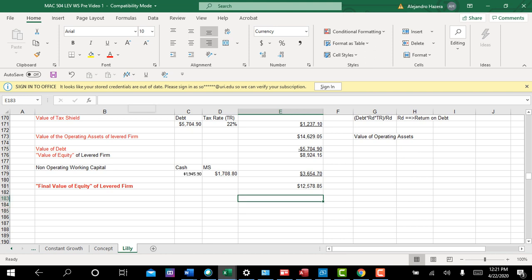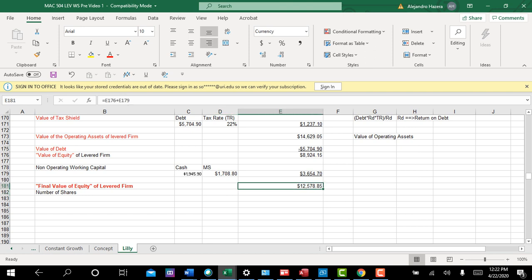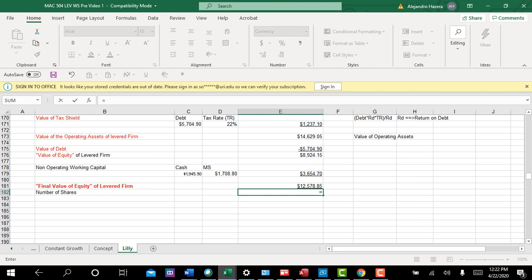And then what I'm going to do here is take the number of shares in this firm. You can just assume this. You can go over and verify this on the income statement too, but I'm just going to put a number. I remember that the number of shares was about 1078.